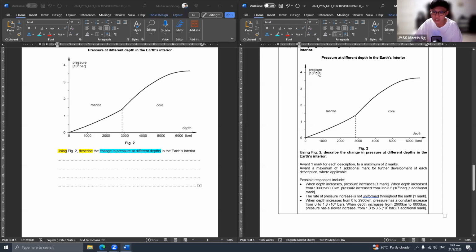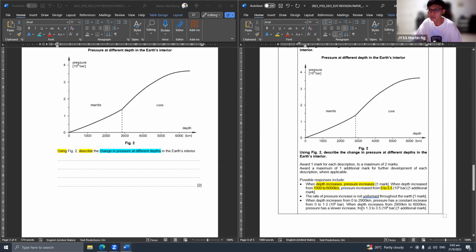The unit is stated over here. When I state this relationship, as x increases, as the depth increases, y increases, so the pressure increases, I will get 1 mark for this. And then when I quote the data, I will get the second mark: from 1,000 to 6,000, then from 0 to 3.5, I would get the second mark.